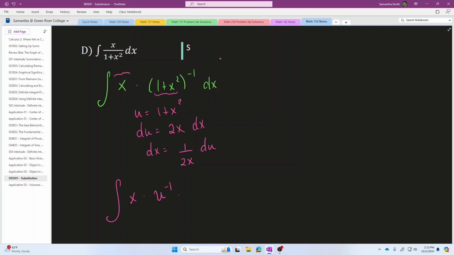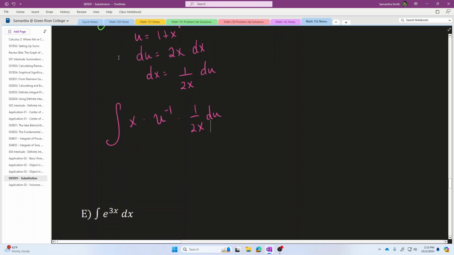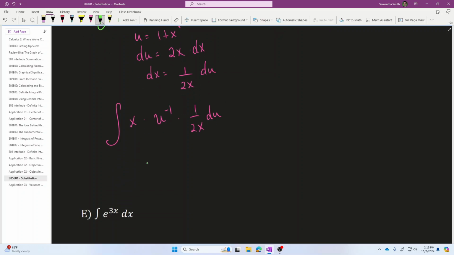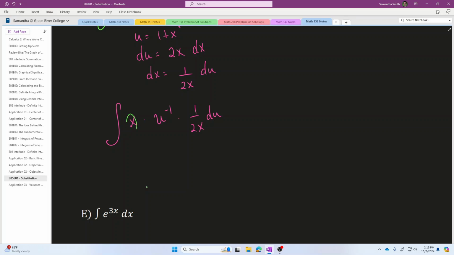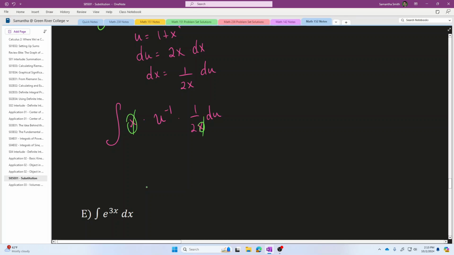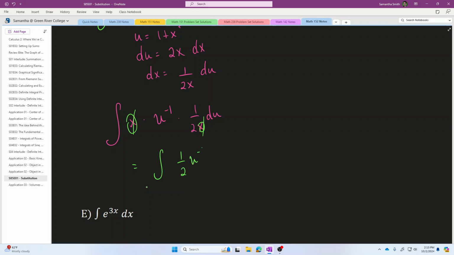And that dx is becoming 1 over 2x du. And as a result of how I've set things up, this multiplied x in the front and this divided x cancel. And so I'm left with this integral, a nice simple integral, in terms of u alone. And I can integrate this just using the formula for the integral that involves the natural log, 1/2 natural log of u plus c.